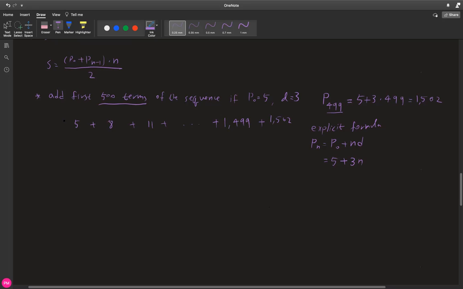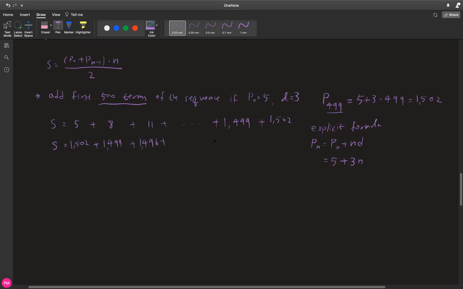So we're trying to solve this problem just as how Gauss solved it. We're going to let this equal some number s, the sum. And the next step, we're writing out the same thing in the reverse order. So instead of writing from 5, we go from 1502, then 1499, and next will be 1496.